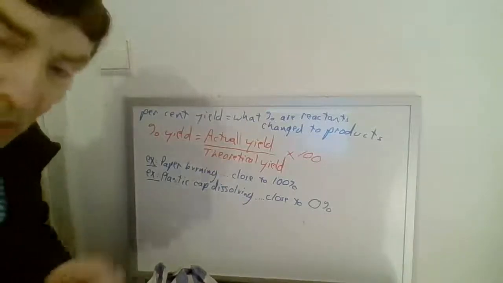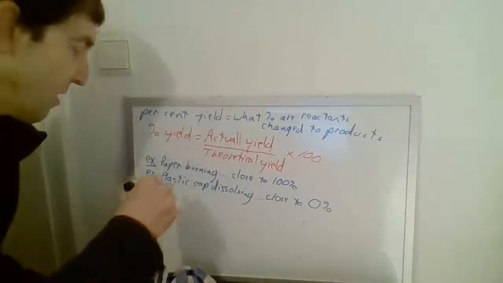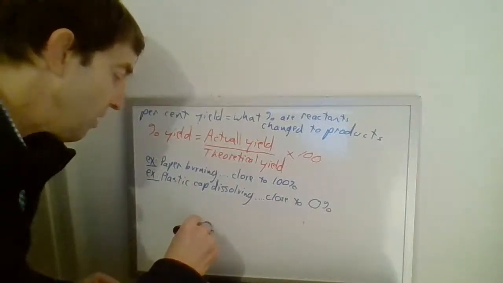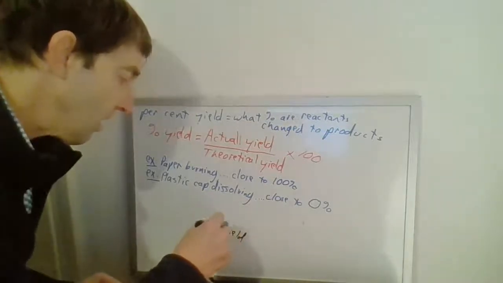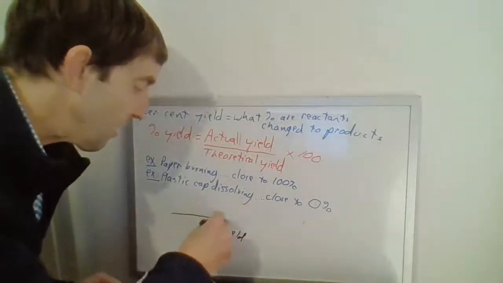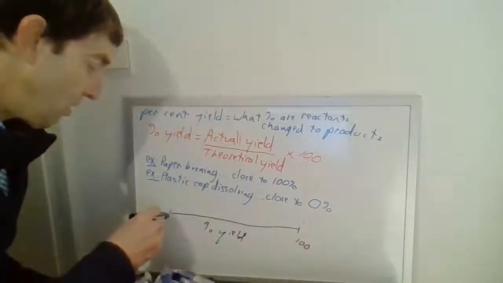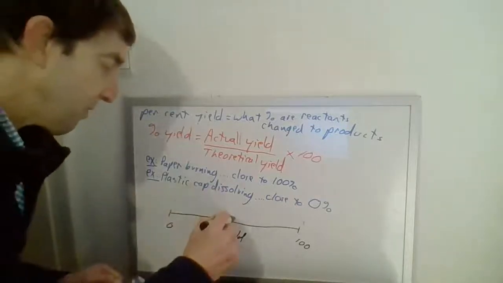Now, in terms of language that I've been using with you about favored, let's do percent yield. If I go from 100 to 0, this would be where, and there's 50.